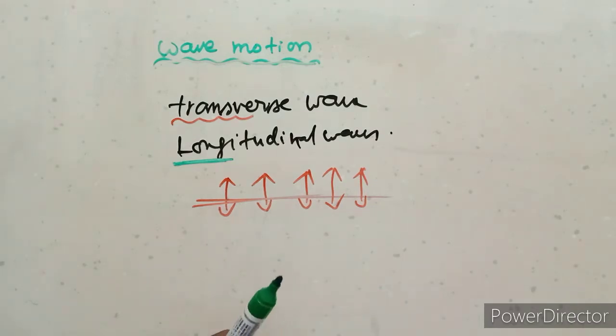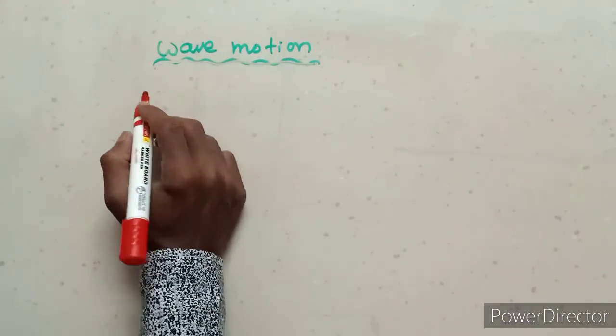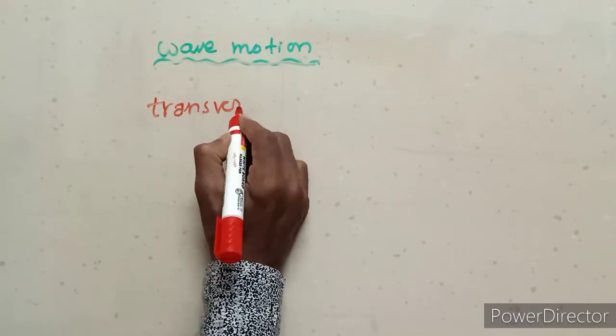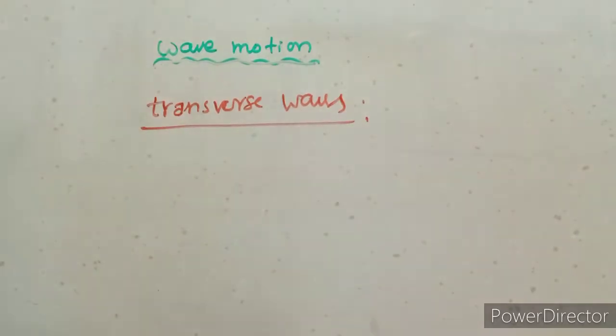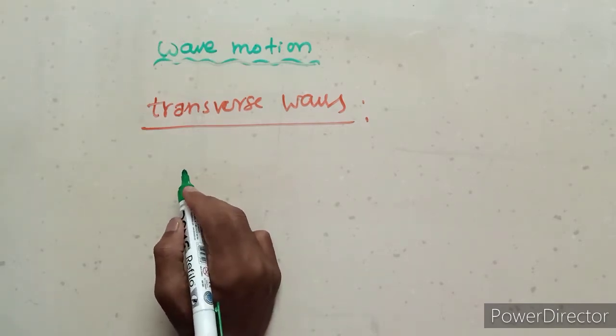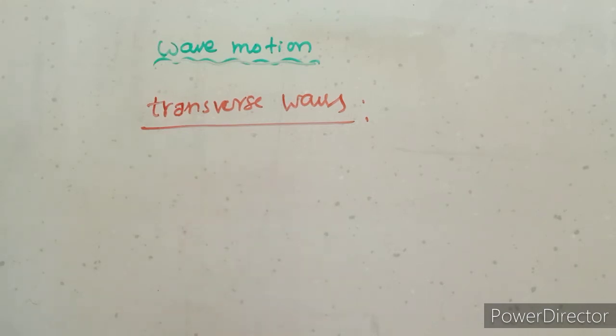Then what are transverse waves? A transverse wave creates a disturbance perpendicular to the propagation of energy transfer.